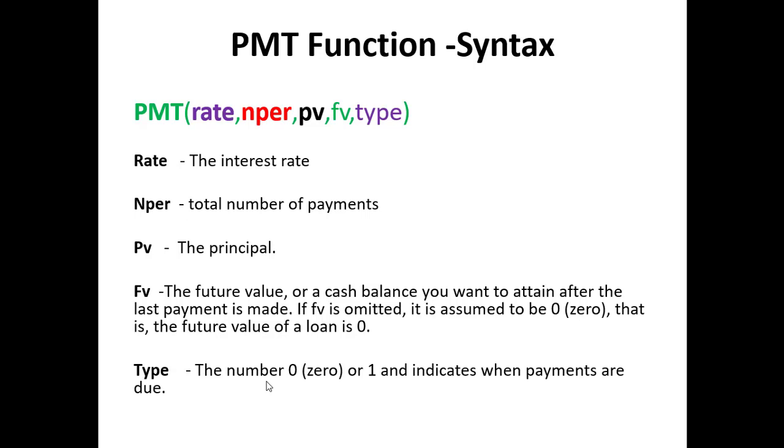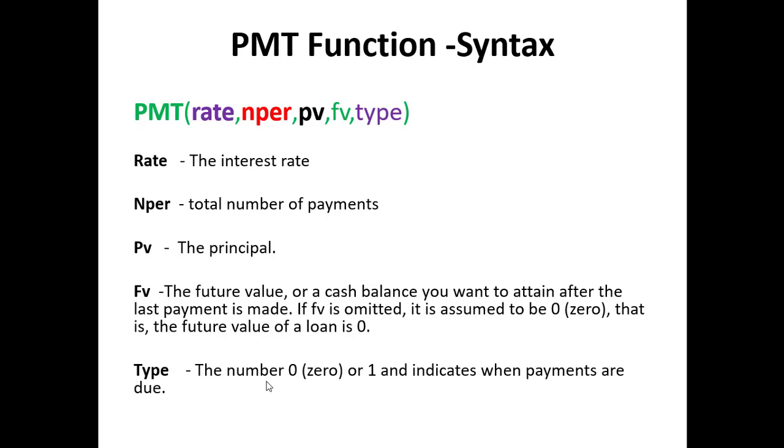If you take the option 1, then it assumes you will be making the payment at the beginning of the period. It is just to distinguish whether you make the payment in advance or in arrears. If you take 0, it assumes you'll be making the installment at the end of the period, but if you insert 1, it assumes you'll be making the payment at the beginning of each year. That is what the type is.